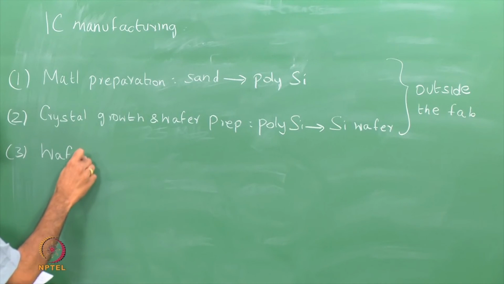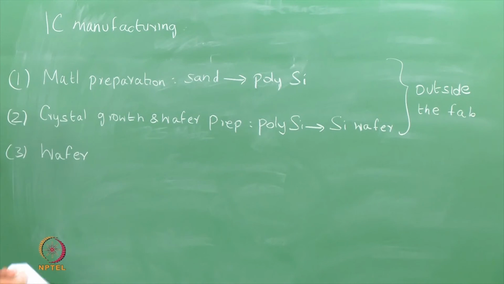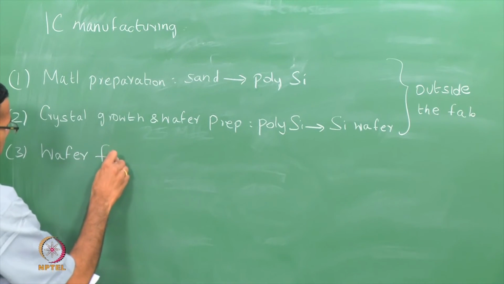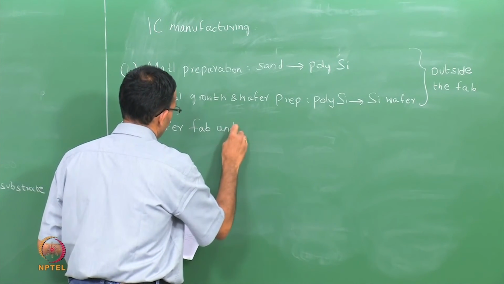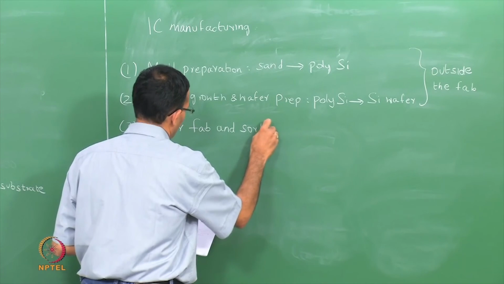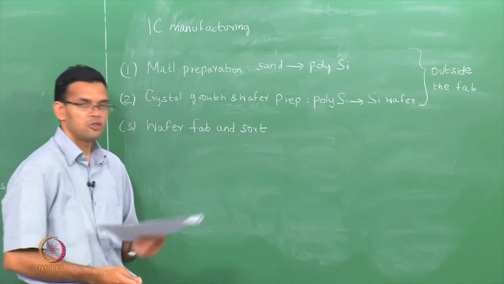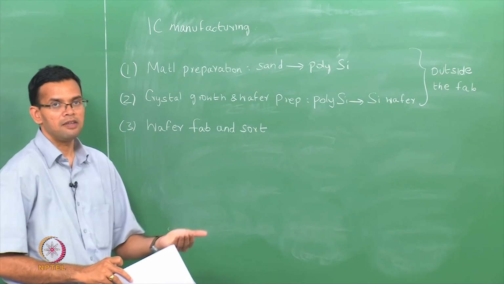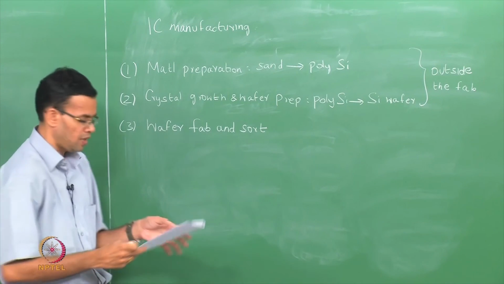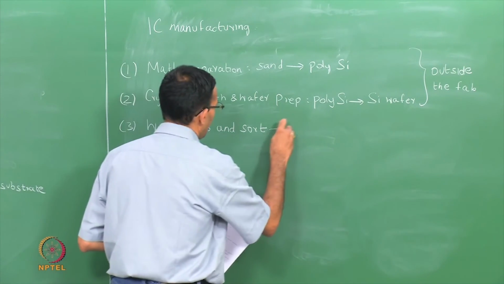So, next step, which is the critical step that happens in the fab, is making the IC circuit within the fab and also sorting. So, sorting means once the circuits are made, testing the devices and separating the good and the bad ones. So, this happens in the fab.